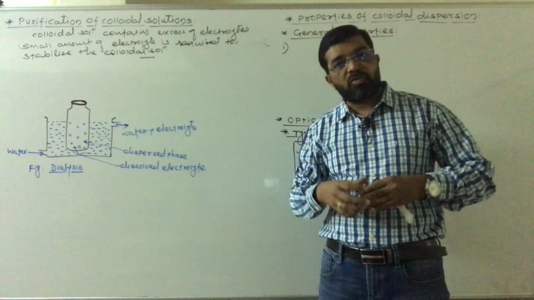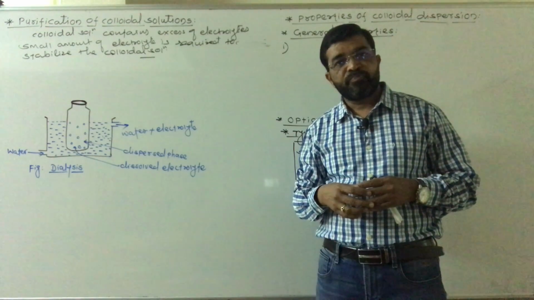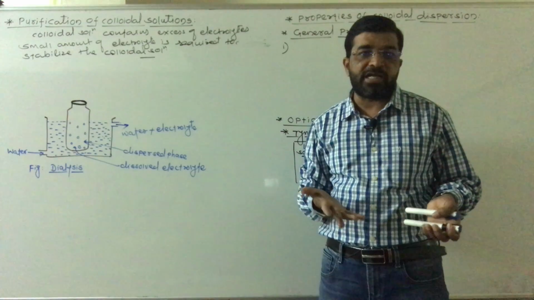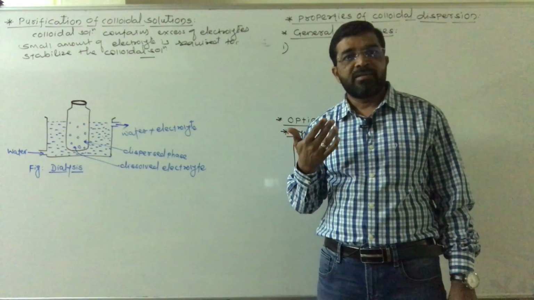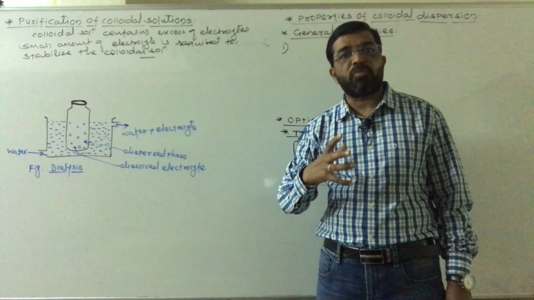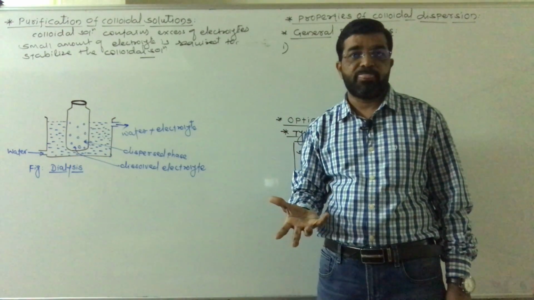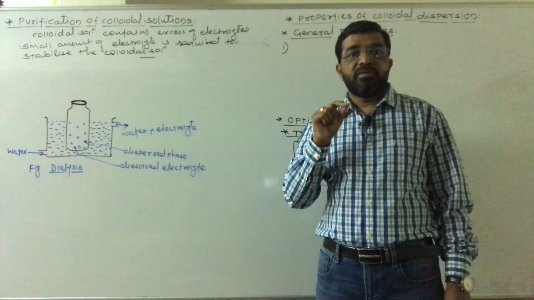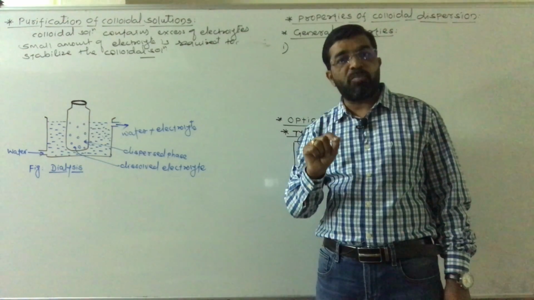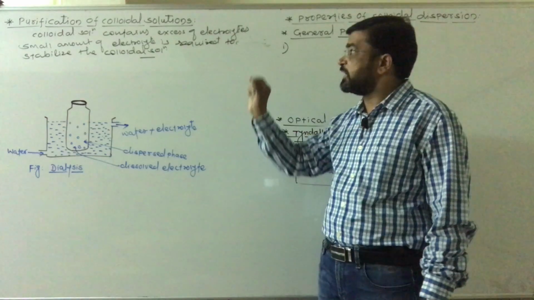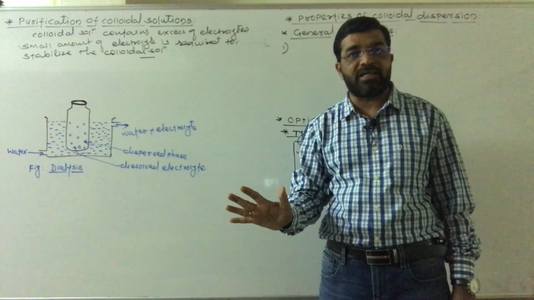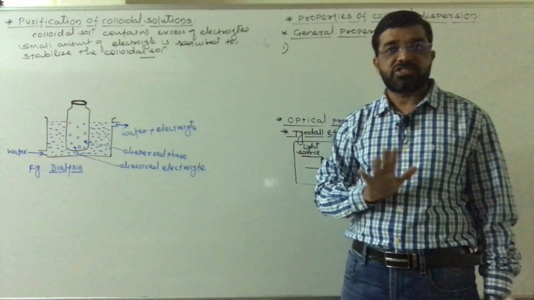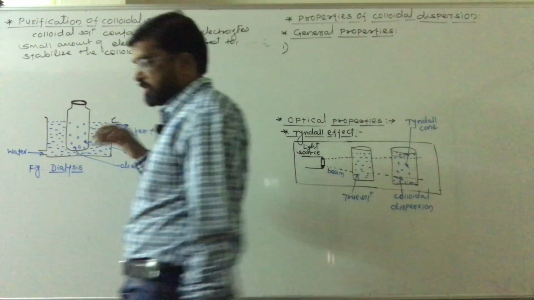If any colloidal solution has an excess amount of electrolyte present, then its coagulation happens. Therefore, there should be a small amount of electrolyte present in colloidal solution to acquire the charge by colloidal particle and stabilize the colloidal solution.